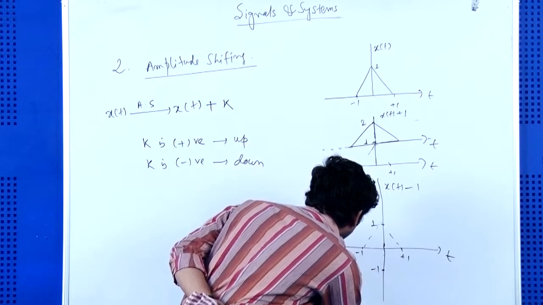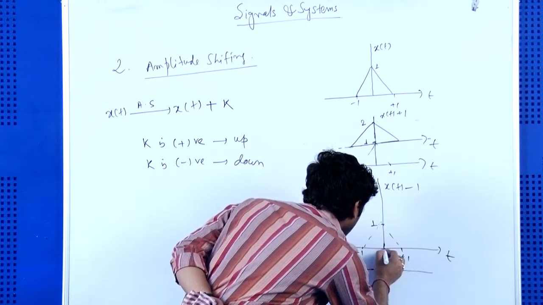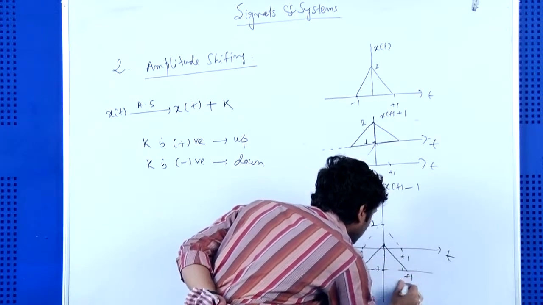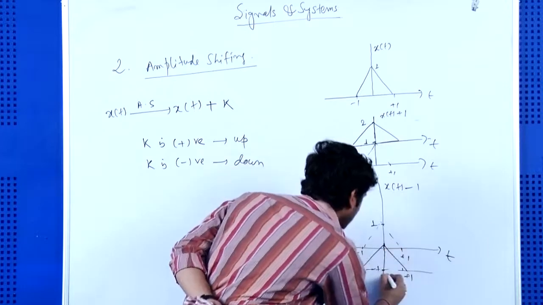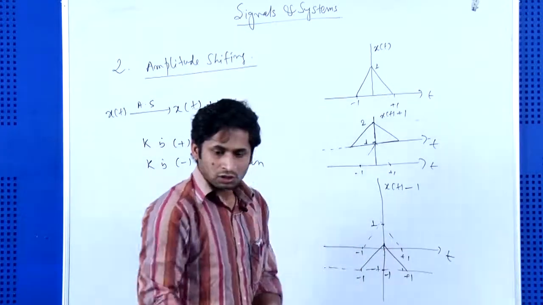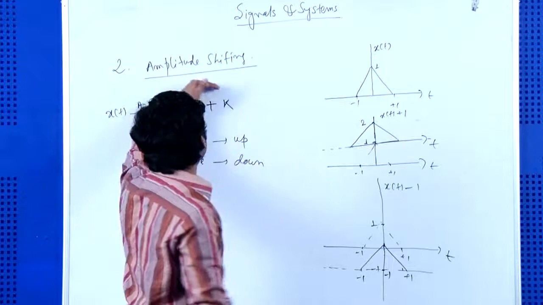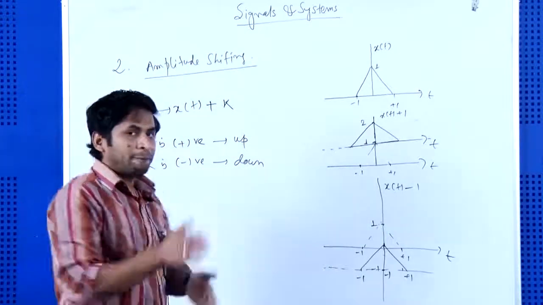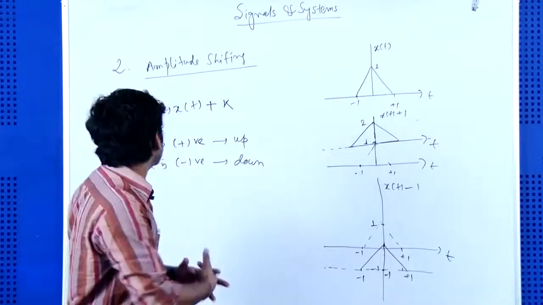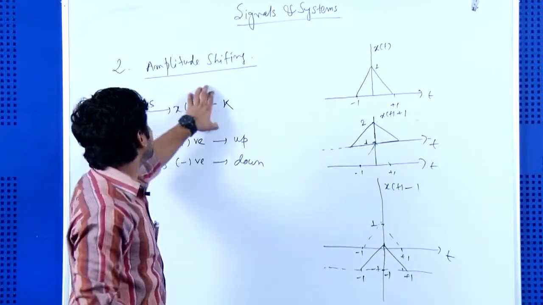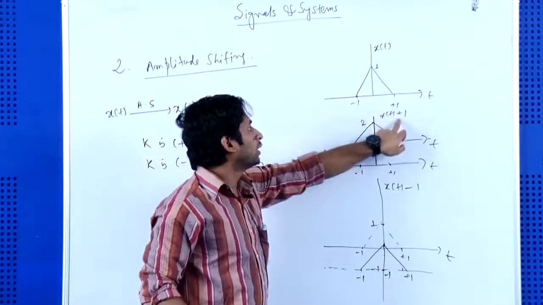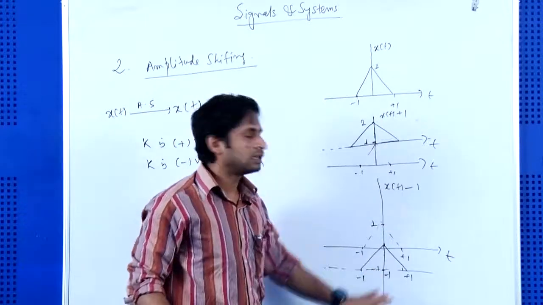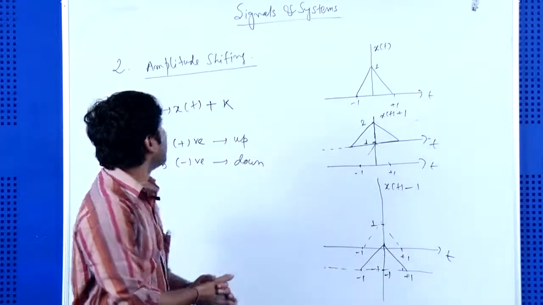So, now this is the x(t) - 1 signal, this point is minus 1. So, when we are talking about amplitude shifting, it may be upward, it may be downward, in the y axis, that is the amplitude axis. The original signal x(t) is shifted upward by 1 unit, so x(t) + 1, and when it is shifted downward, x(t) - 1. So, this is the amplitude shifting property.